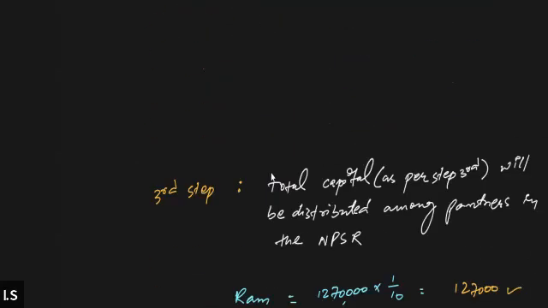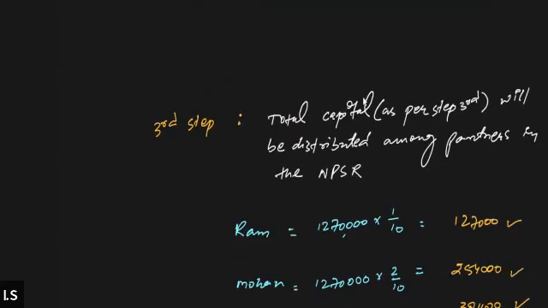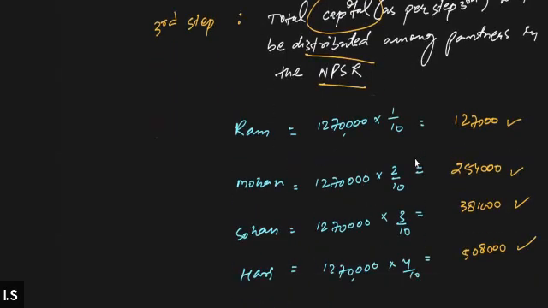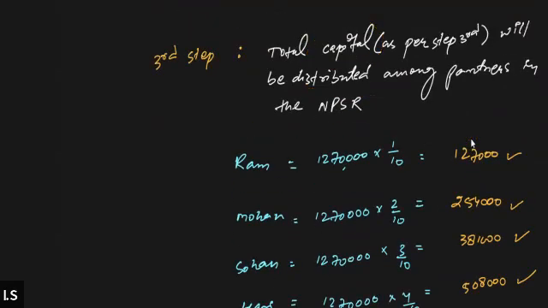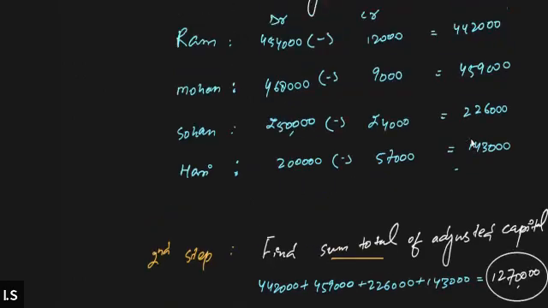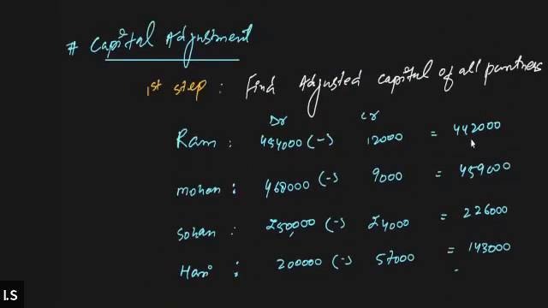Then we need to total the capital, and then we will distribute it among the partners in the new profit sharing ratio. And this will be considered the closing capital of the partners. This will be a little confusing for all of you, so let me go step by step.